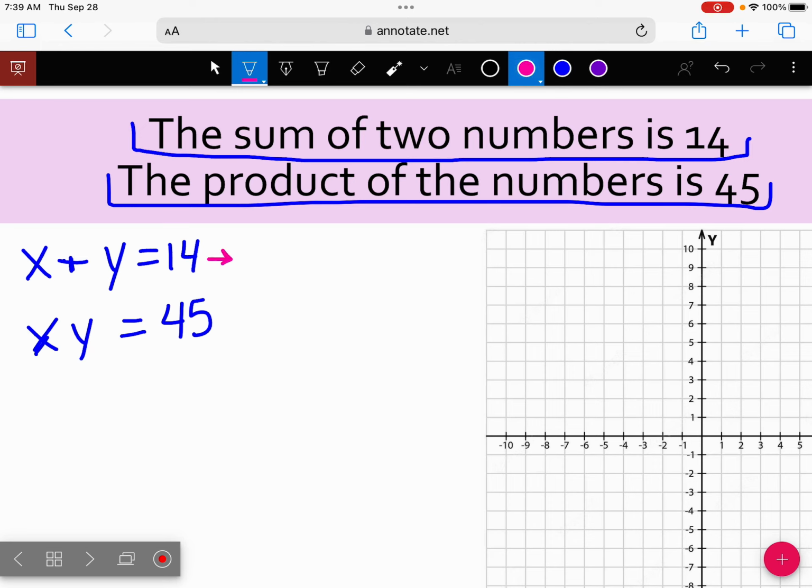I can take this guy and make it be an x equals or a y equals. I'm going to make it be y equals because it's way more familiar. y equals 14 minus x, right?